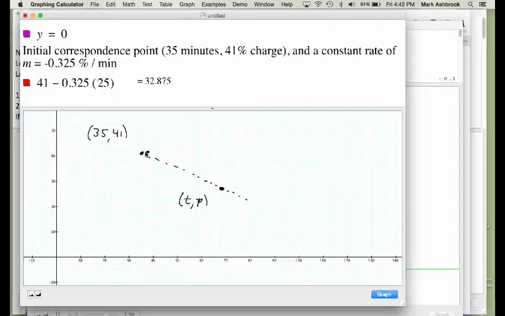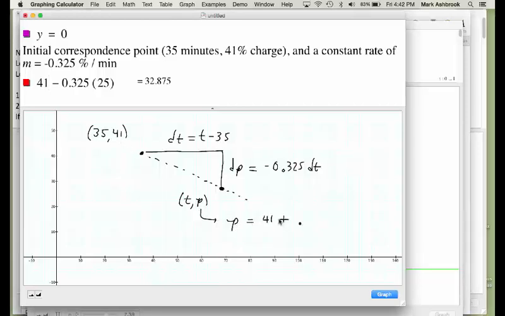We realize a change of t, a dt, of t minus 35, a corresponding dP of always negative 0.325 dt, meaning our final P is the initial P, 41, plus the change.